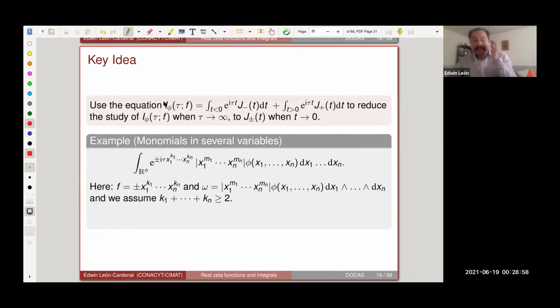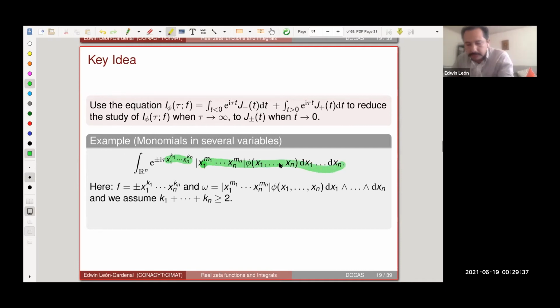So let's consider an example that you can expect to be very easy. We have monomials in several variables. The function f here is this monomial here, and the differential form omega is the whole of this thing.